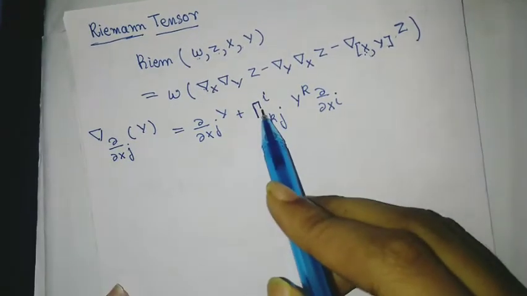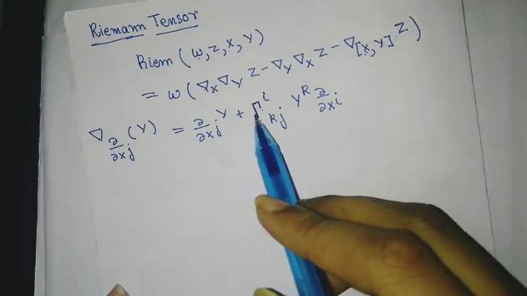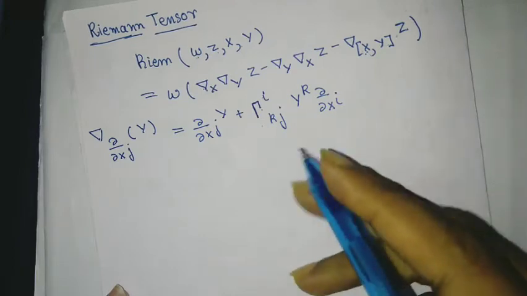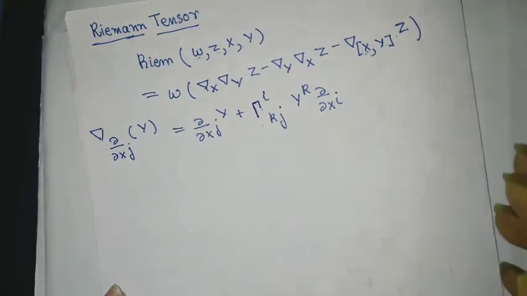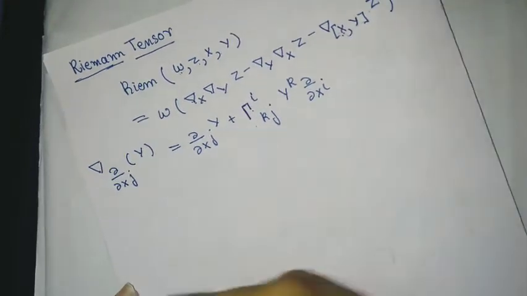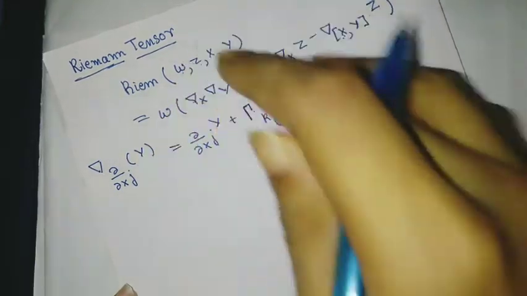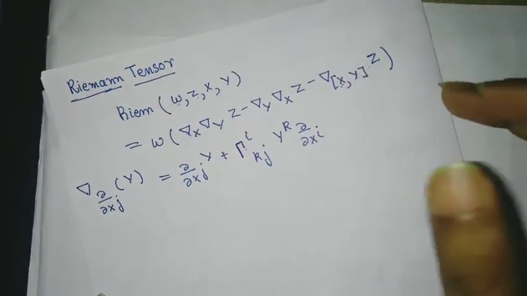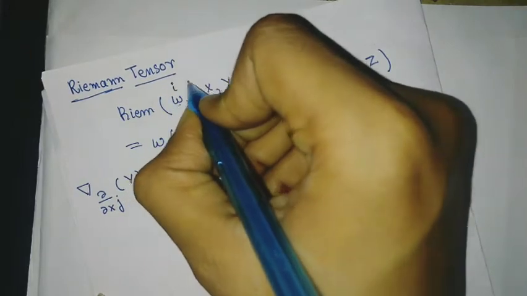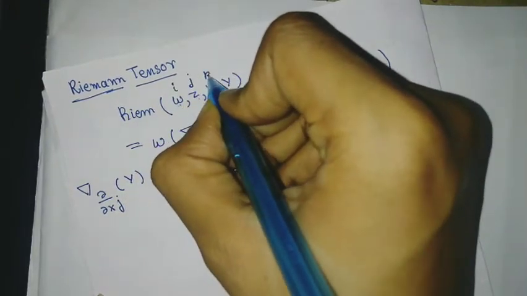If you induce it from a metric, then they become the Christoffel connections. So let us see. I will be taking omega to be i j k l.